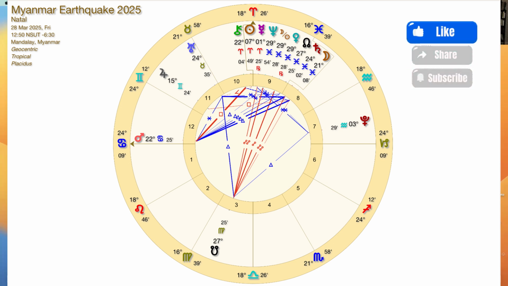If you know about the fixed stars, 23 degrees Cancer aligns with a fixed star called Pollux. This fixed star is located in the Gemini constellation as the immortal twin, Pollux.